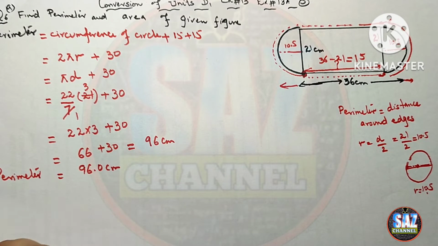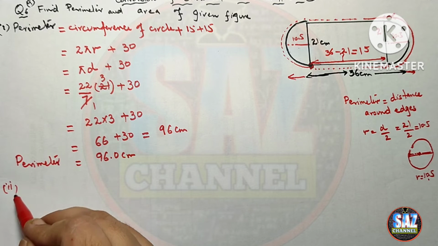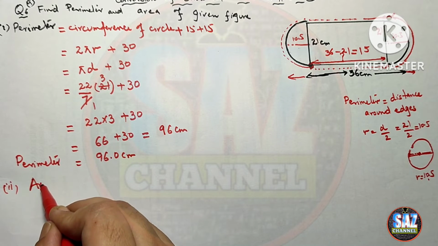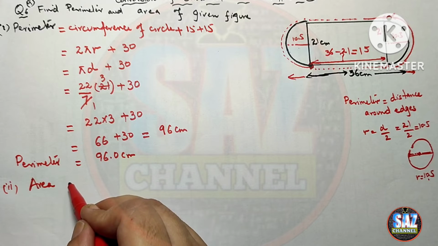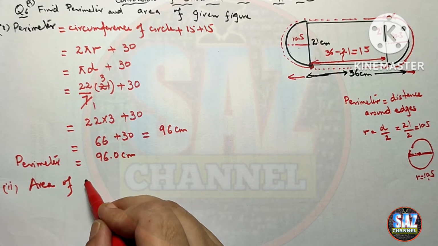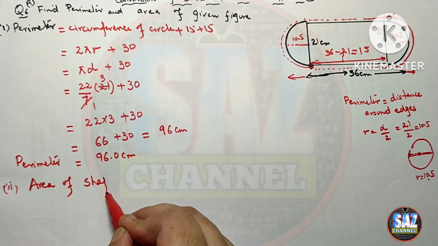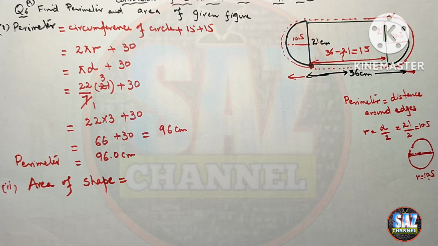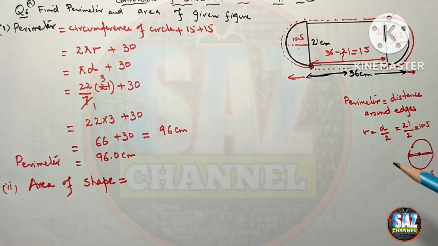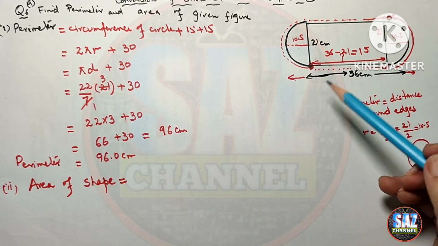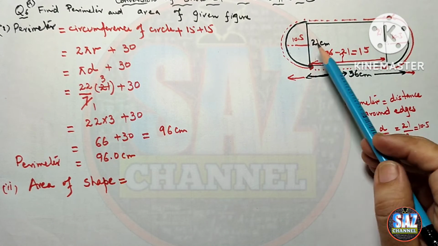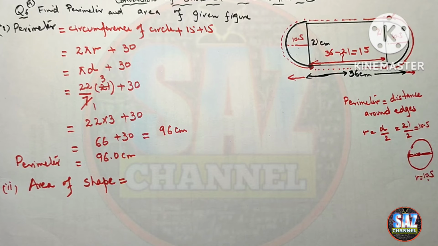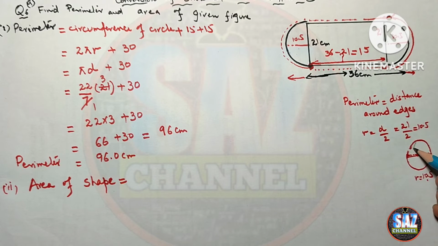Coming to the second part, that is the area of the shape. So let's first discuss the figure. For the area of the shape, we can see that we have two semicircular ends, and when we joined those semicircular ends in the previous part, we got a complete circle.